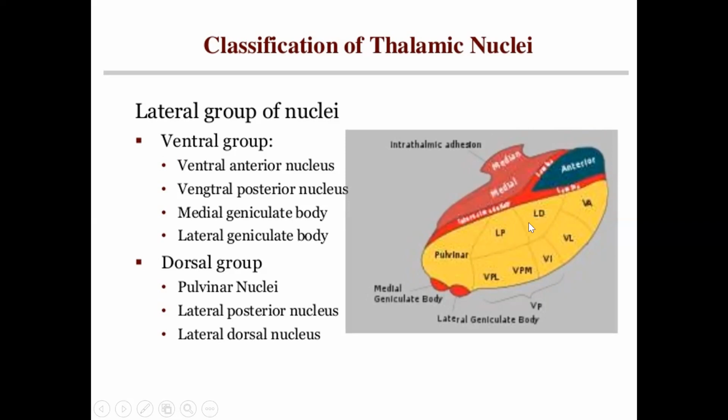So these 3 components form the dorsal group of the lateral group, and this is the ventral group of the lateral group of nuclei. So this whole thing, starting from the ventroanterior group of nuclei up to the medial geniculate body, is called the lateral group of nuclei.